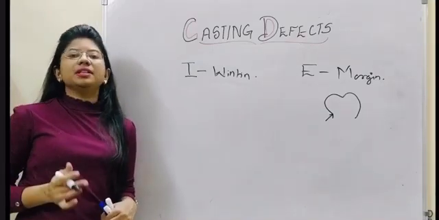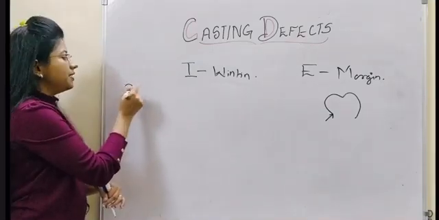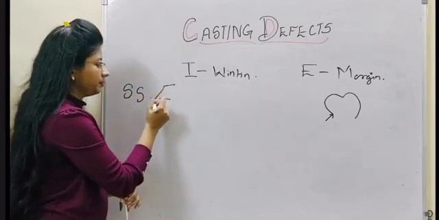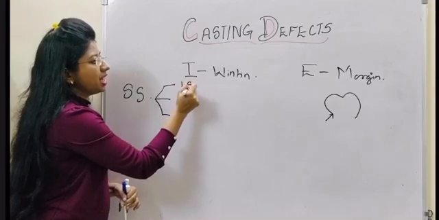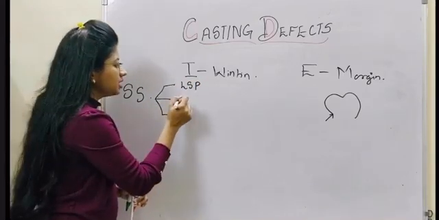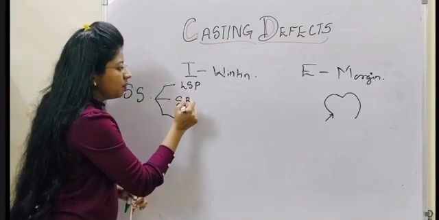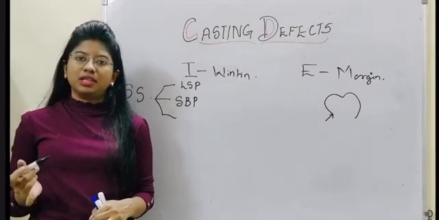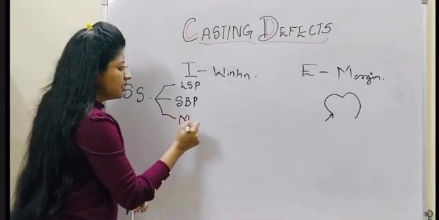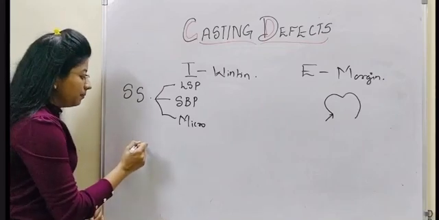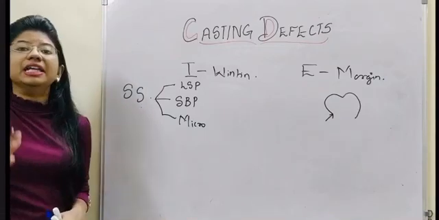They are further divided into solidification shrinkage porosities, which are of three types. The first is localized shrinkage porosity. Then there is suck-back porosity, or you can say hotspot porosity. And the third is microporosity. These porosities are irregular.